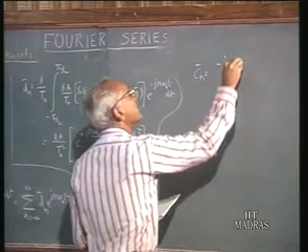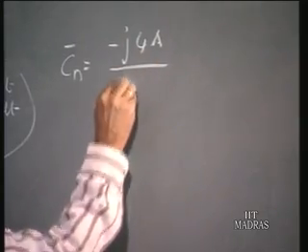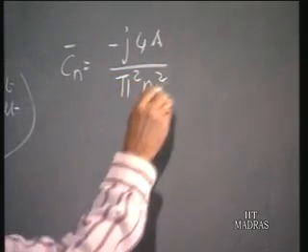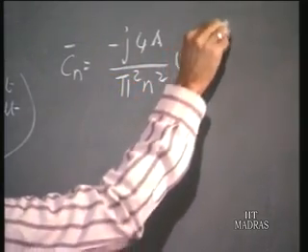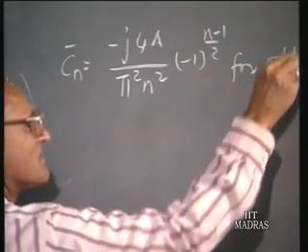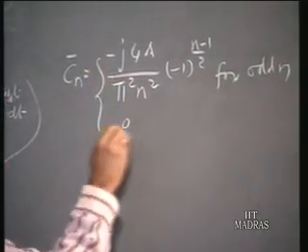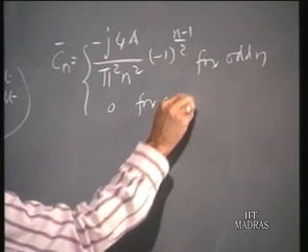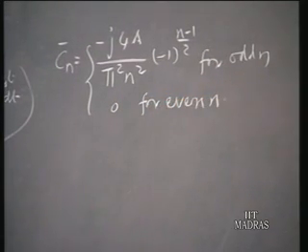minus j 4a by pi squared n squared minus 1 raised to the power of n minus 1 by 2 for odd n and 0 for even n. So that is the Fourier coefficients for the original triangular waveform.